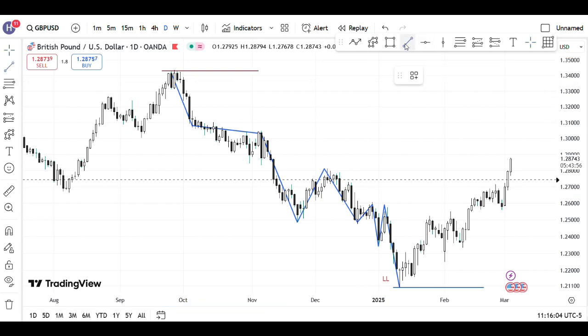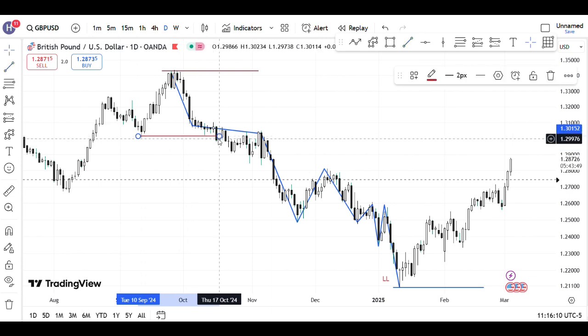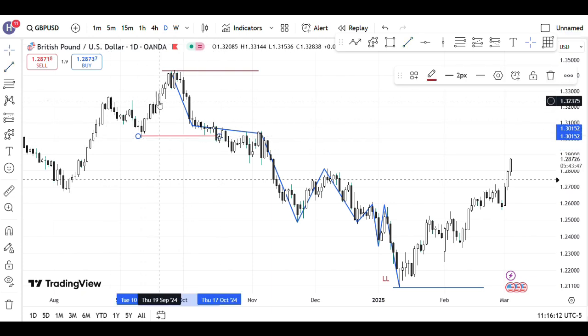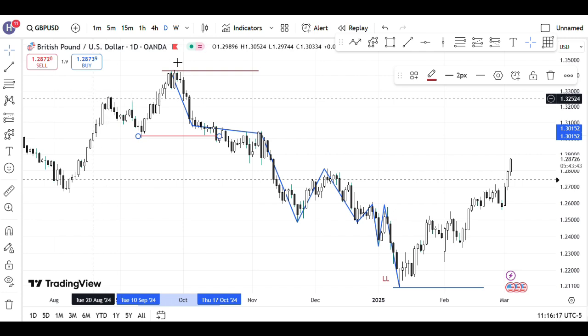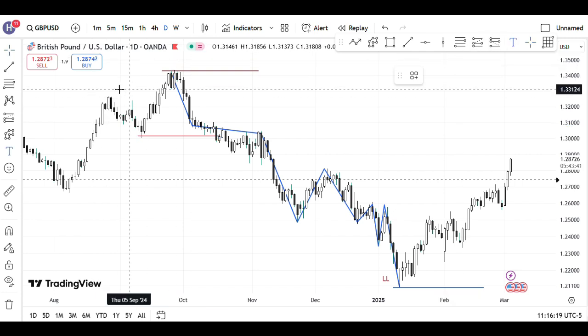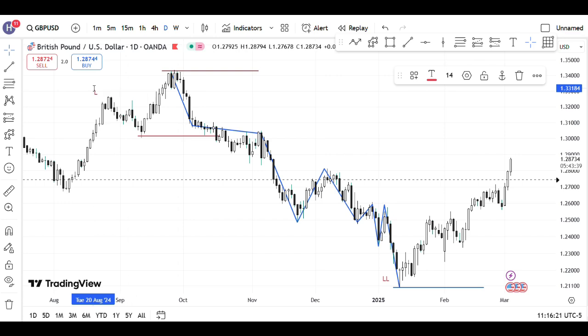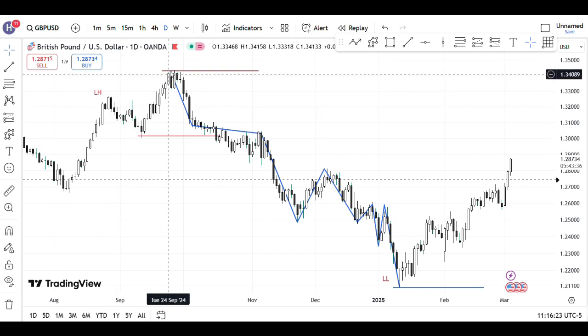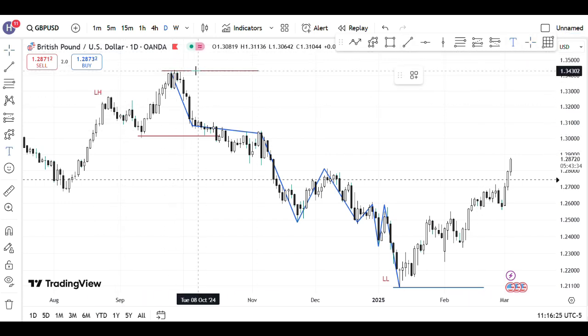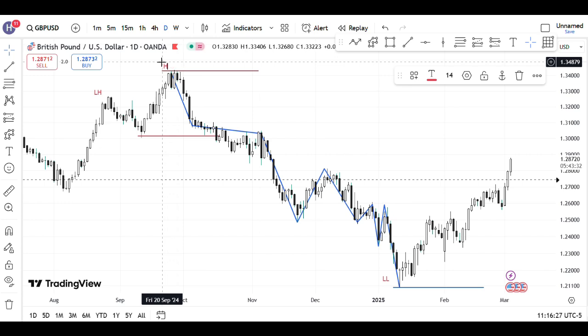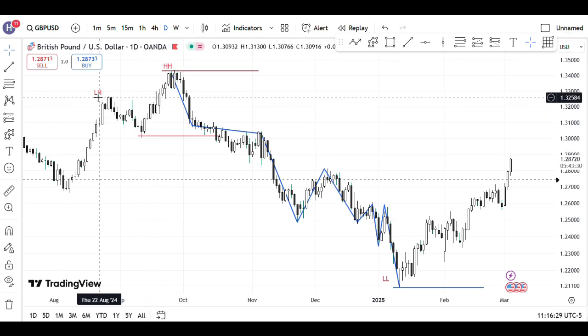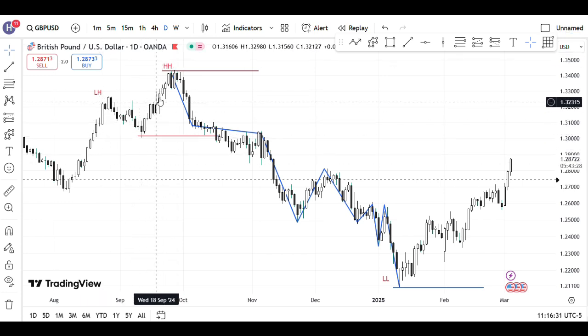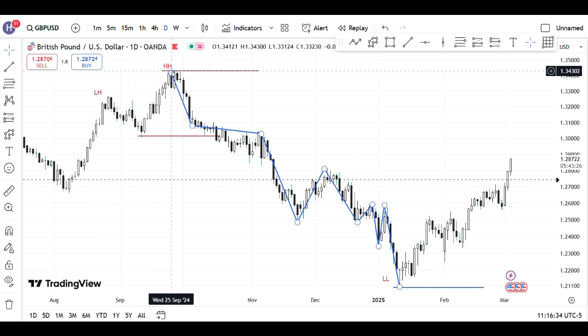You can see here, I will take you here, another lower high, right? This is lower high, because there is a higher high here. So from lower high it's going down and it goes to higher high, right?